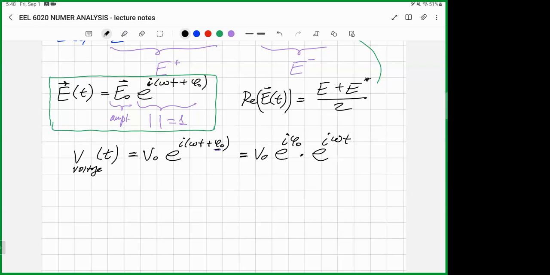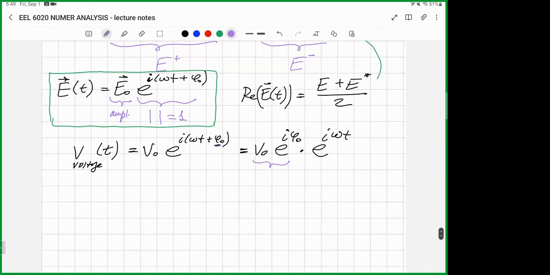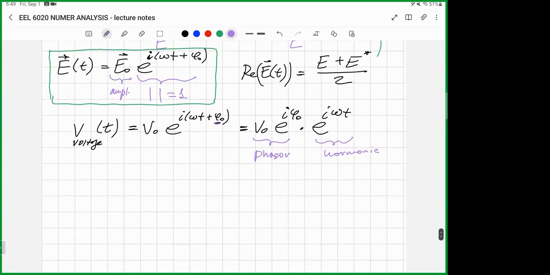So this part here contains the amplitude of the signal of this voltage and the initial phase of this voltage, and this part is called the phasor. So this is the phasor of the field, and the second part is just a harmonic function.